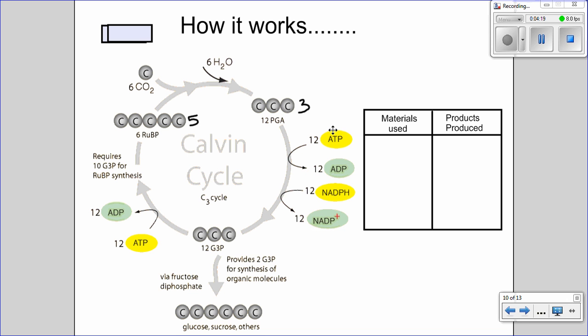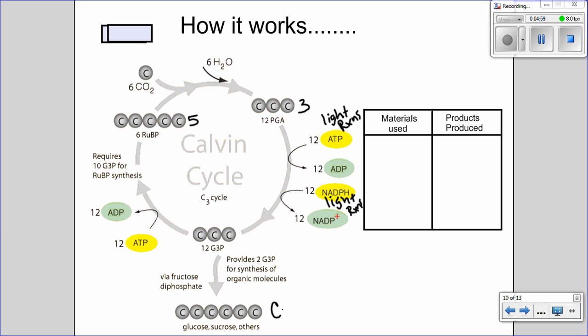At this point, the ATP and the NADPH created during the light reactions are used to provide energy to convert your PGA into this molecule called G3P. Of your 12 G3P molecules, 2 of them will be used to synthesize the organic molecule glucose.